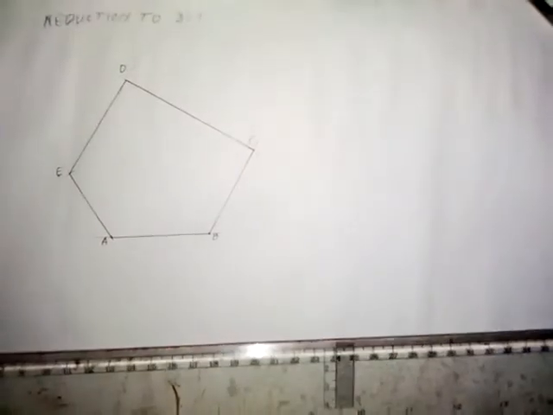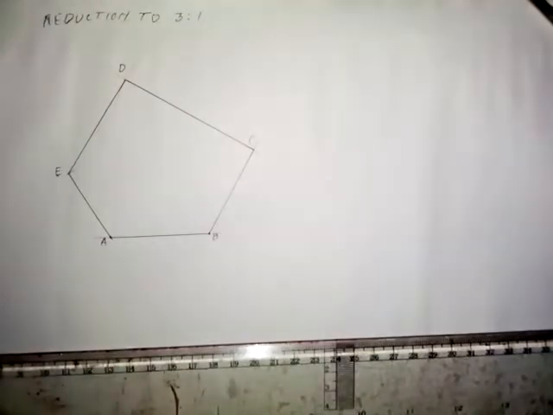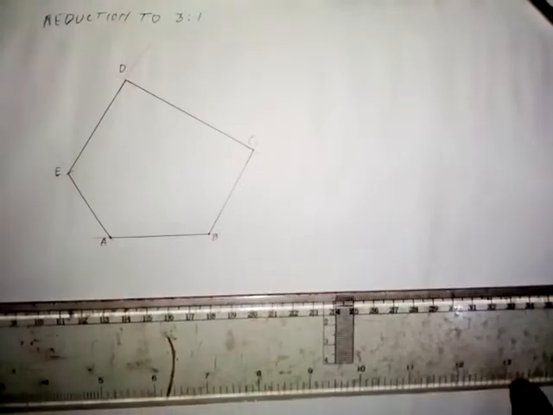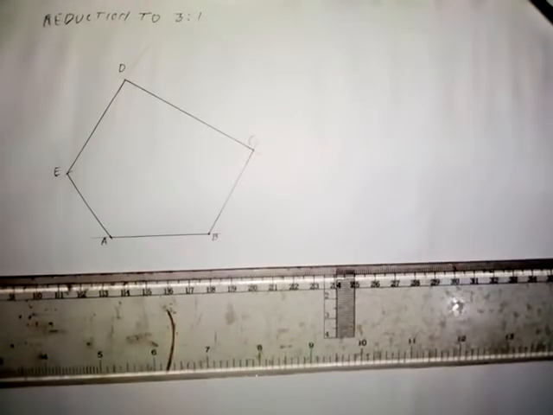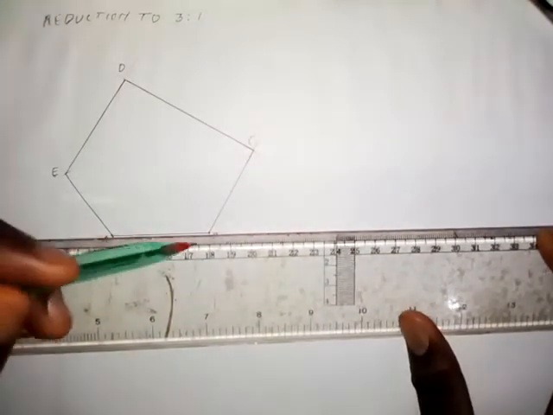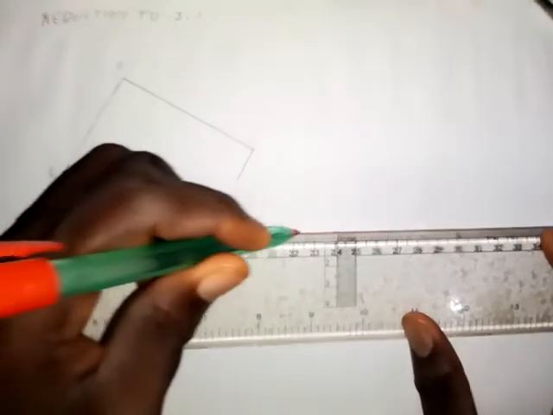So this is a 5-sided polygon, which is also an irregular polygon. To reduce this object from size 3 to size 1, the first thing that you need to do is to extend this line AB.